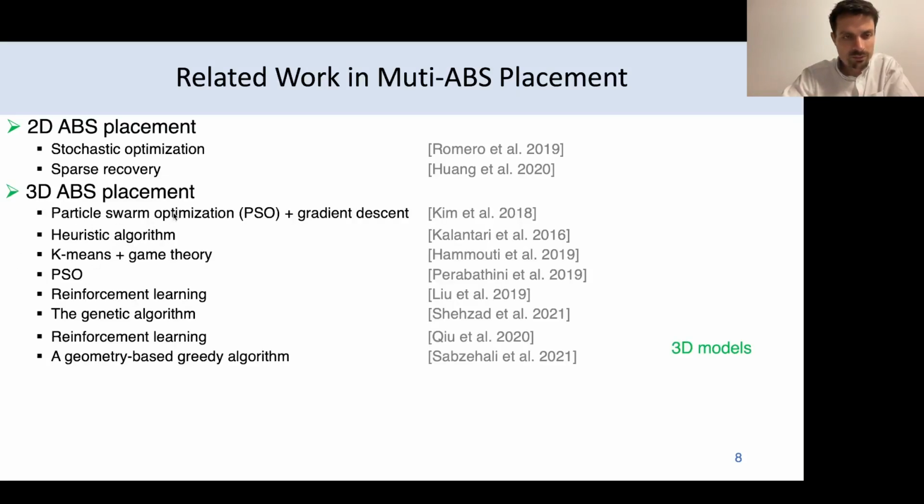There are also works that consider 3D placement, so also optimization of the height. However, these works suffer from a very important limitation: their predictions of the channel are very inaccurate, and therefore that leads to highly suboptimal placement solutions.